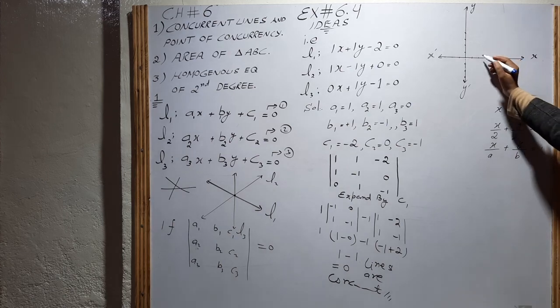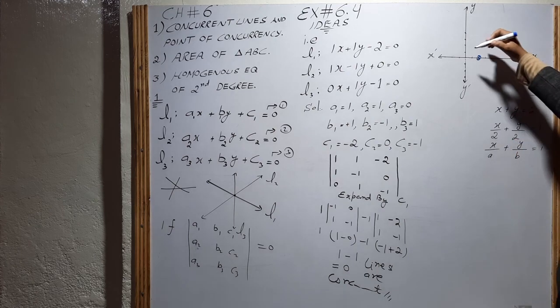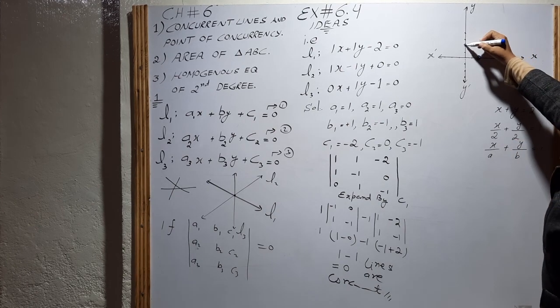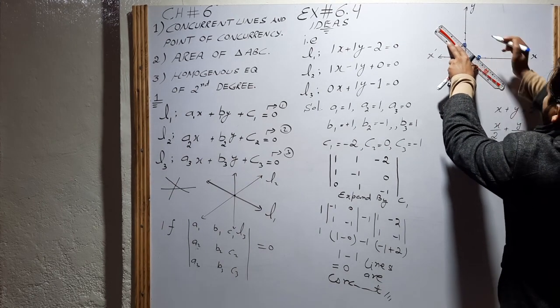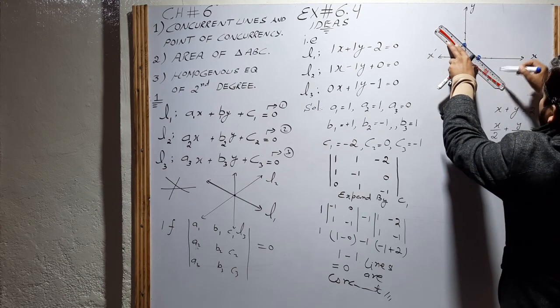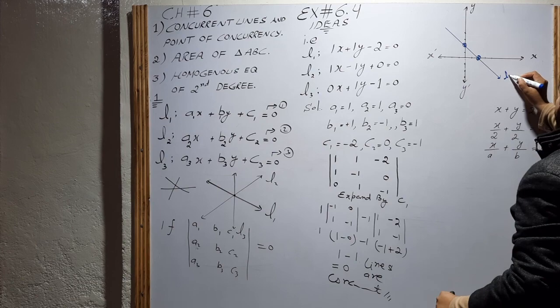So the x intercept and y intercept are both positive 2. So this is line L1.